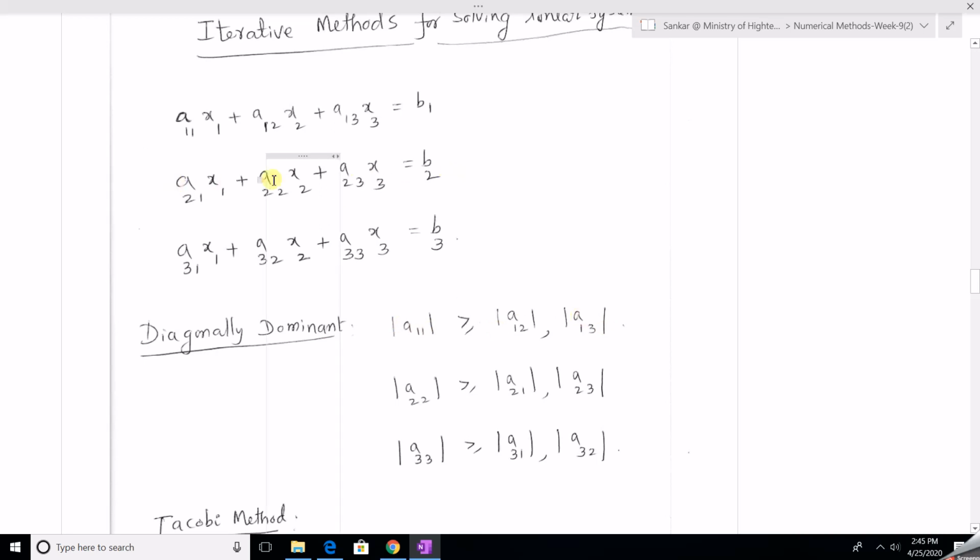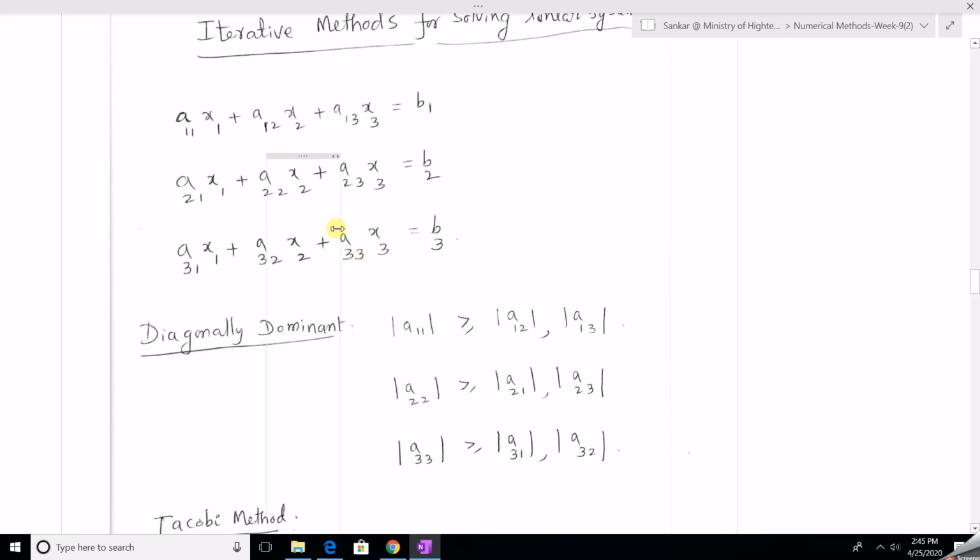Similarly, in the second equation, the diagonal element is a22. So the absolute value of a22 must be greater than or equal to the absolute value of a21 and a23. That I have written here. And in the third equation, again a33 is the diagonal element.